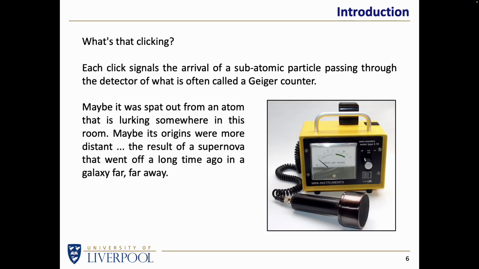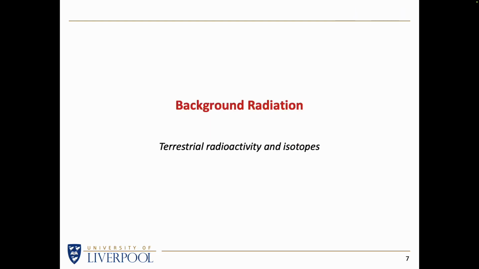The click doesn't tell us. The click is just something has passed through the detector. A Geiger counter is precisely what it sounds like, a device for counting how many particles have passed through. And sometimes it really matters whether it's 1 per second or 1,000,000 per second, but it doesn't tell you what type of particle. For that, we need something else.